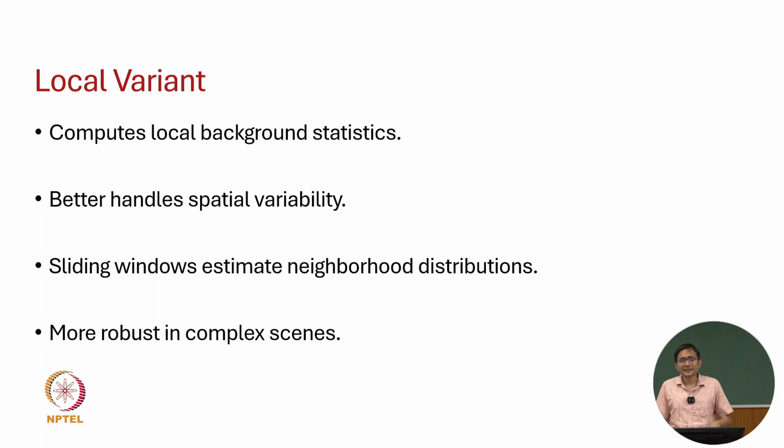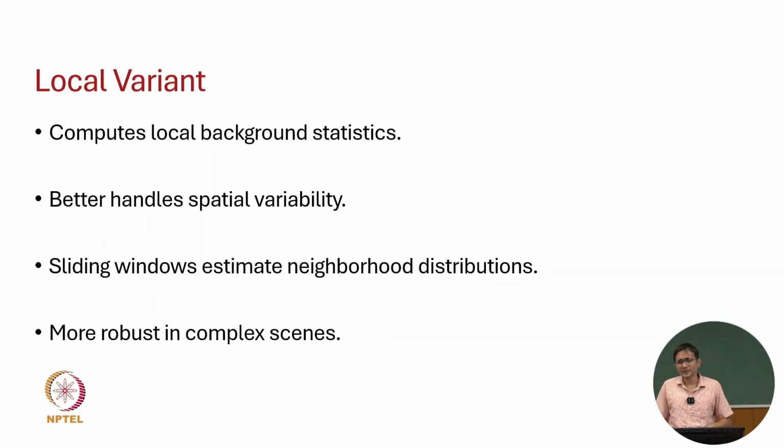That would be yet another variant of the local variant, where we are not looking at the spatial context at all. So we are rather saying a local variant which looks at a part of the image.